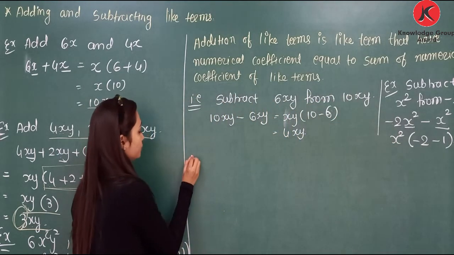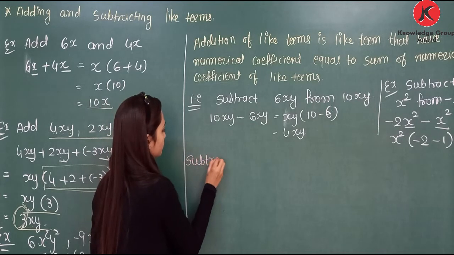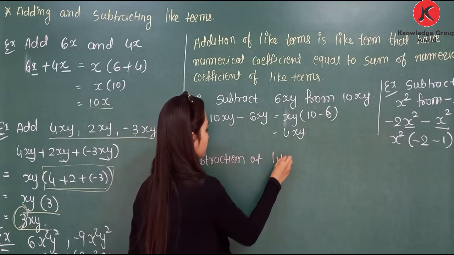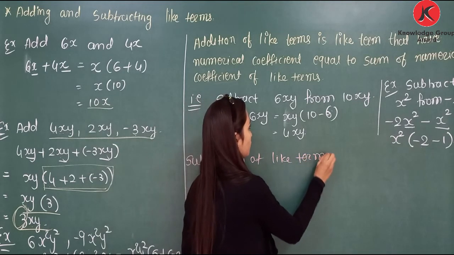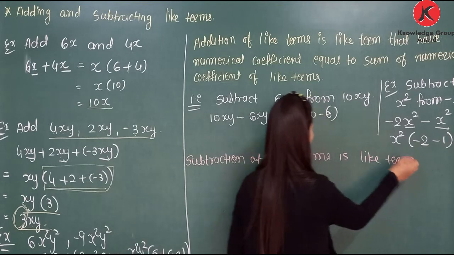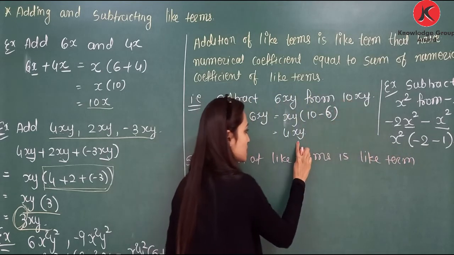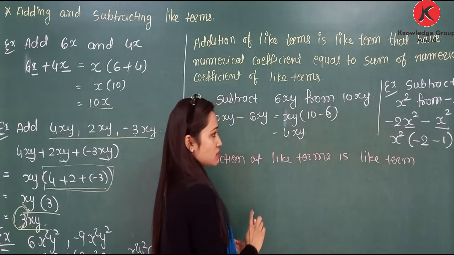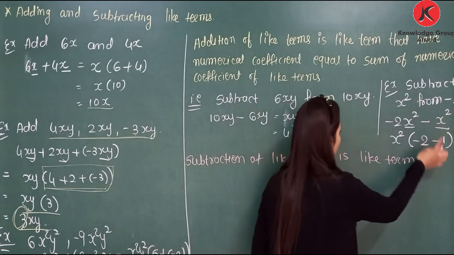Subtraction of like terms is a like term. Why? Because if we take two like terms, then the answer is also a like term. xy, the answer is also xy. If we have x square, the answer is also x square.